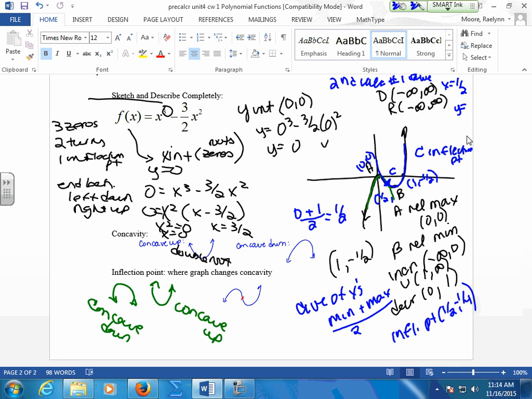So now I can say concave down. I'm concaving down from negative infinity up right at that inflection point. That's my 1/2. Use the x value. Then I'm going to concave up from 1/2 to infinity.